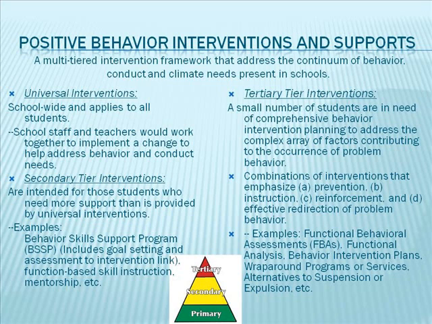Prevention, instruction, reinforcement, and effective redirection of problem behavior are all needed in tertiary tier interventions. Some examples of this type of intervention might be functional behavioral assessments, functional analysis, behavioral intervention plans, wraparound programs or services, alternatives to suspension or expulsion, and more.